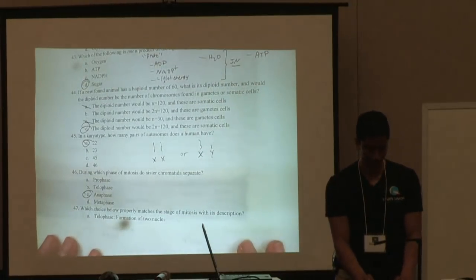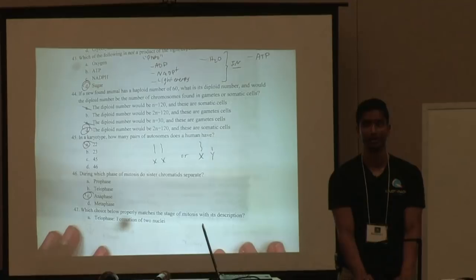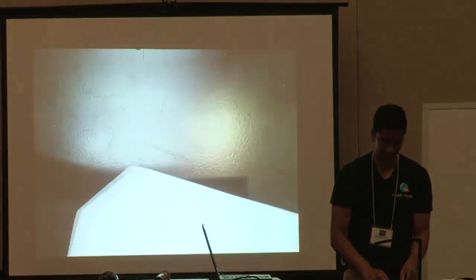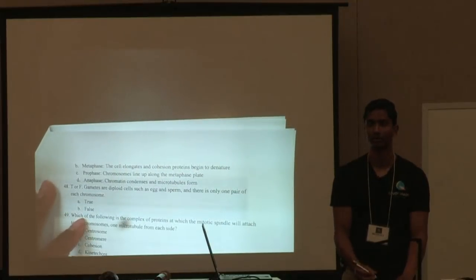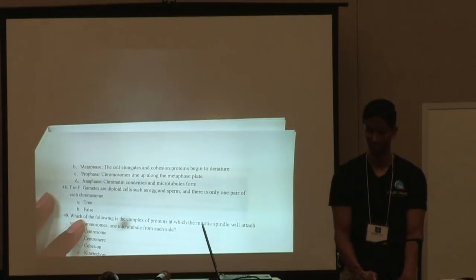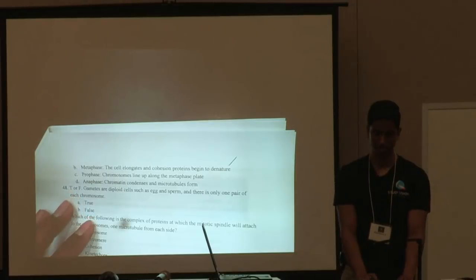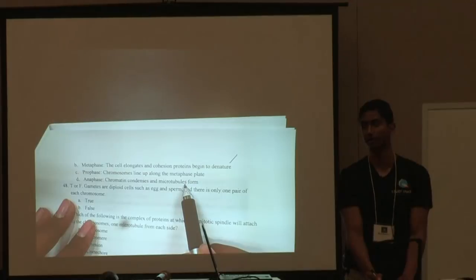All right, which choice below properly matches the stage of mitosis with its description? So does telophase result in the formation of two nuclei? Yes, but let's read the rest. Metaphase, the cell elongates and cohesion proteins begin to denature. No, when does that happen? So I heard prophase. So let's just keep going. So prophase, chromosomes line up on the metaphase plate. Which one is this one?